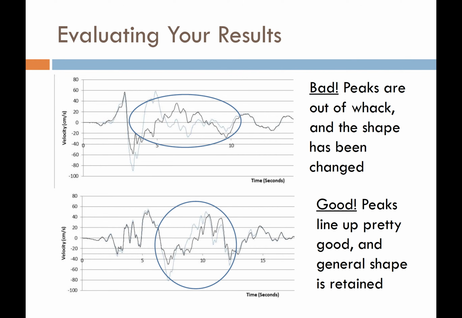In this instance I have some deviation. Let's change my pen color. I have some deviation here, some deviation there, and a lot of deviation here and here. When you start to see big deviations like that, that's not a good thing.